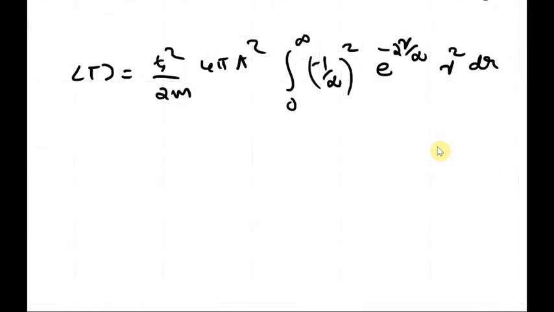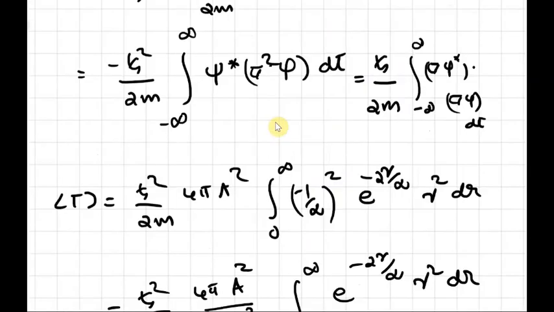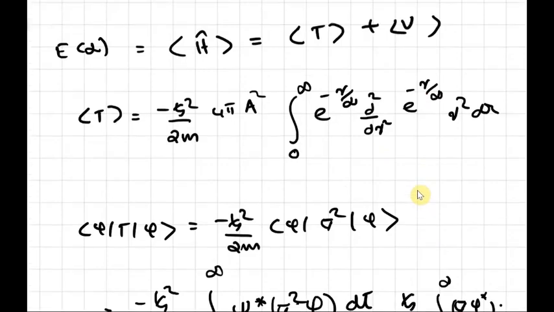So that will give me something like h cross square by 2m, 4 pi a square divided by alpha square, integral 0 to infinity e raised to minus 2r by alpha r square dr. And this integration is the standard form, and you have to apply the previous expression, exactly the same expression.